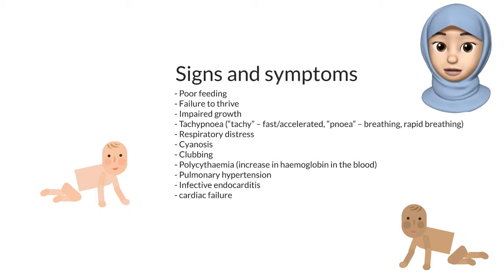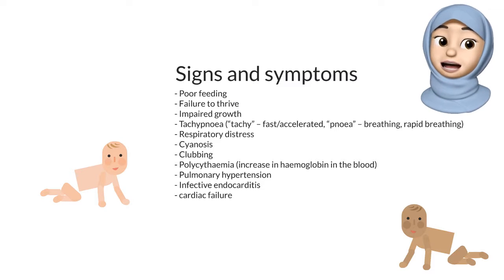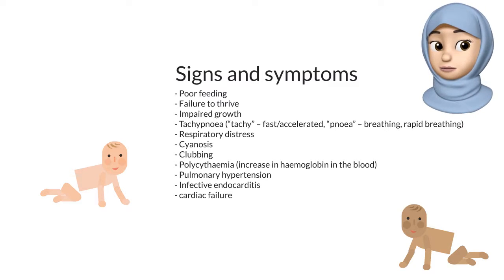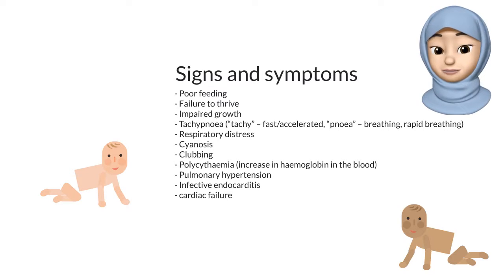Before we look at the different congenital heart diseases, let's look at some of the signs and symptoms which would make us suspect the presence of a congenital heart disease.